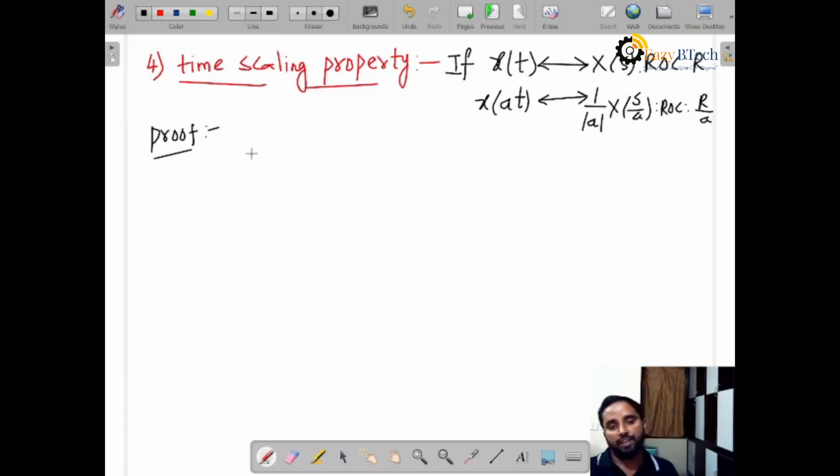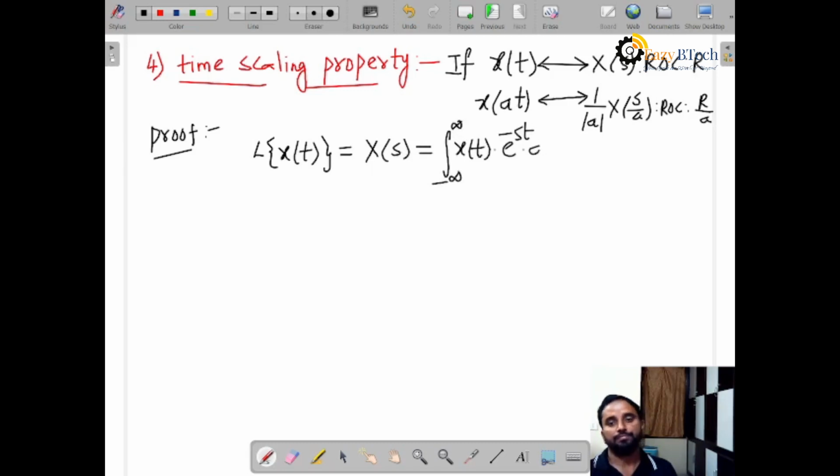First we take the Laplace formula. The Laplace transform of x(t) is X(s), equal to the integral from minus infinity to plus infinity of x(t) e to the power minus st dt.